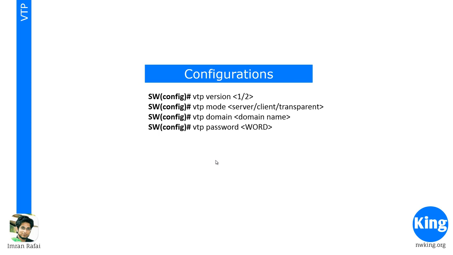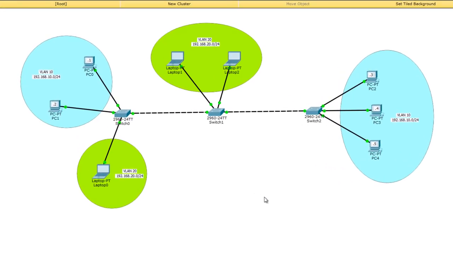So let's look at what VTP configurations we can look at. Like always, let's get into Packet Tracer. This is Packet Tracer, and we continue from where we left off in our last video. Just to revise, we configured VLAN 10 here and VLAN 10 here, and VLAN 20 here and VLAN 20 here. So this is switch 0, switch 1, and switch 2.